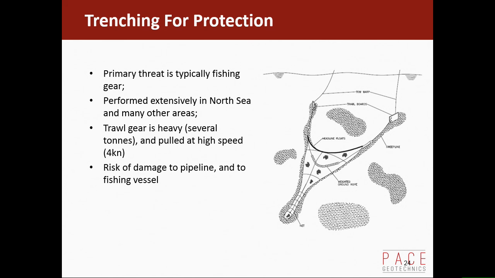To trench a line like that, 10 kilometres, say, is 7 to 10 days work. By the time you do a survey before you trench it, and then in that case you'd have to do a trench collapse pass, which I'll explain, to actually put backfill on the pipeline, and then you've got to do a survey to prove that the pipeline's at depth and how much backfill you've got.